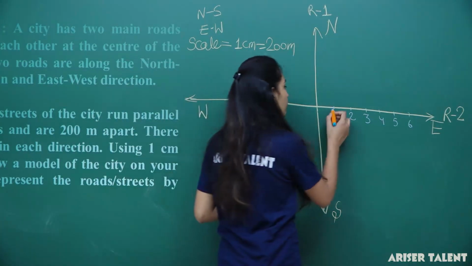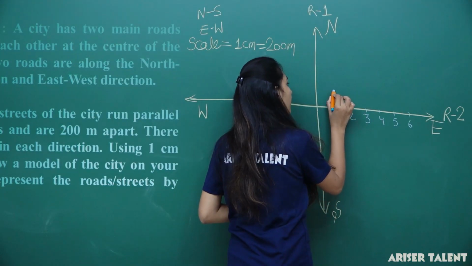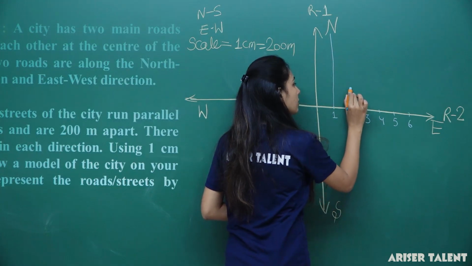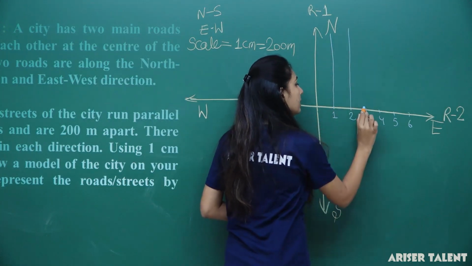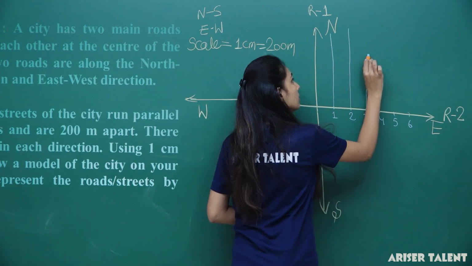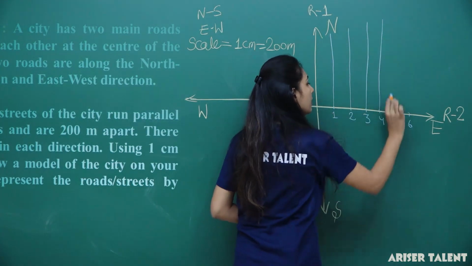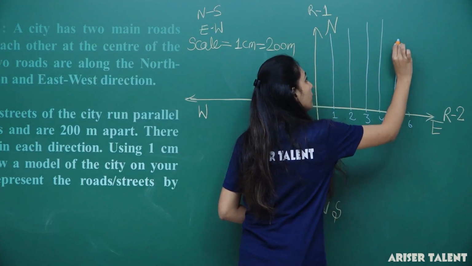So draw this first perpendicular at this one point. Similarly on the second, and the third, and the fourth, and then after that go with the fifth.